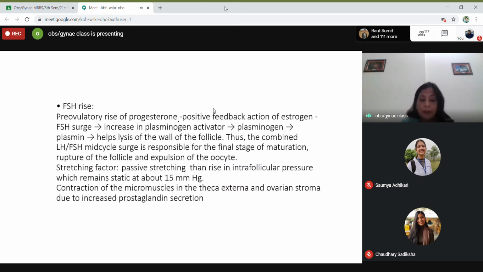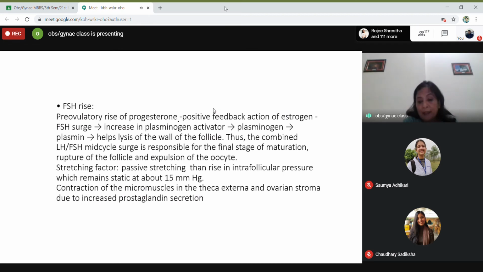And there will be an FSH rise. The cause of ovulation is also, one is LH, another is FSH, because of the rise of follicle stimulating hormone, and a pre-ovulatory rise of progesterone. There will be a rise of progesterone pre-ovulatory and a positive feedback action of estrogen.